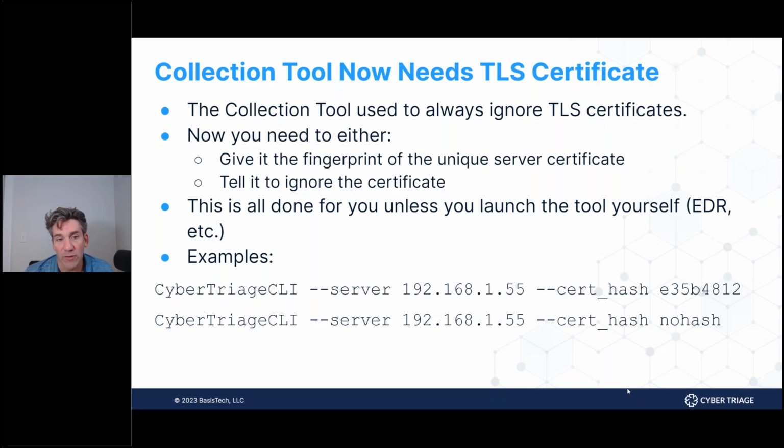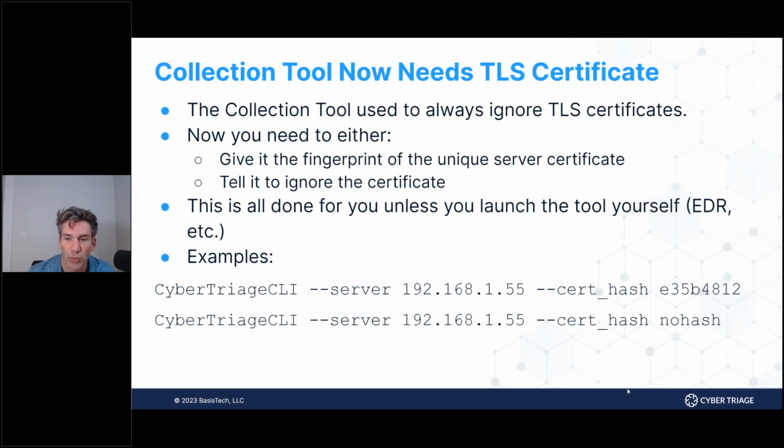As of 3.7, every installation of Cyber Triage makes its own self-signed certificate. The fingerprint, the SHA-256 hash value of that certificate, needs to be given to the collection tool so that when it receives a certificate as part of the TLS handshake, it knows it's getting the right certificate from the server.